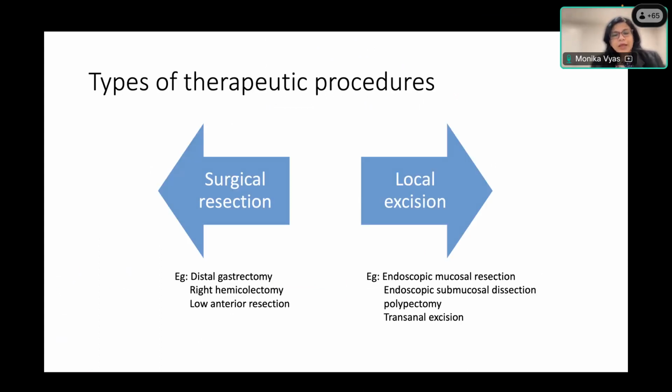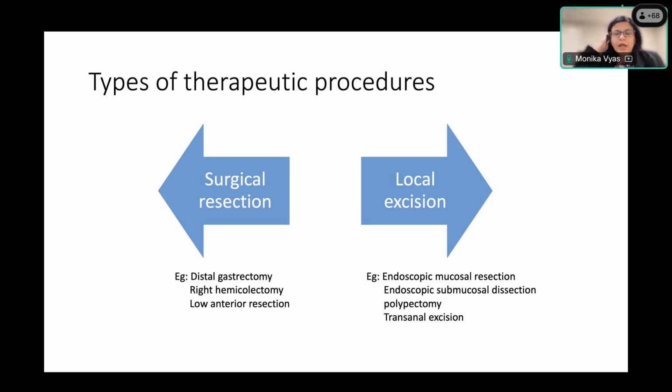In the gastrointestinal tract, we see two common types of therapeutic resection specimens. One is your regular surgical resection specimens, for example, a gastrectomy for upper GI stomach malignancies, or a right hemicolectomy or low anterior resection for upper rectal cancers. And then nowadays we also see a lot of conservative procedures, where the impetus is on conserving the organ.